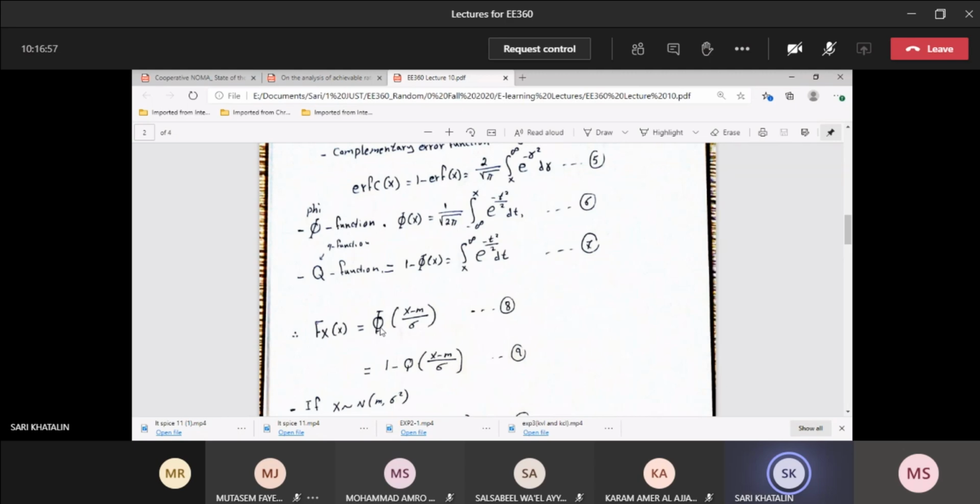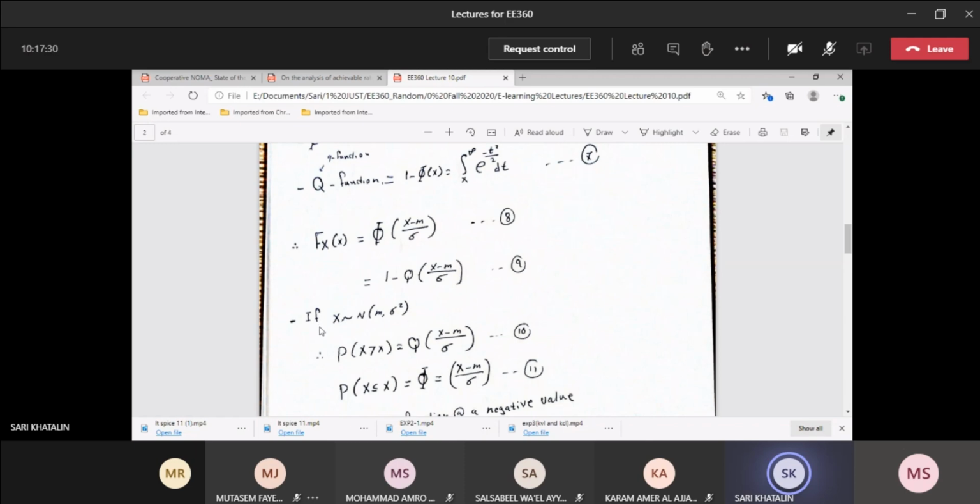I think we have some in our book. If not, you can find it on e-learning. You can find it on the web easily, and also you can represent it in the Q function. So we have tables for phi and we have tables for Q, where phi is equal to 1 minus Q, and of course Q is equal to 1 minus phi. So this is what we're going to focus on today.